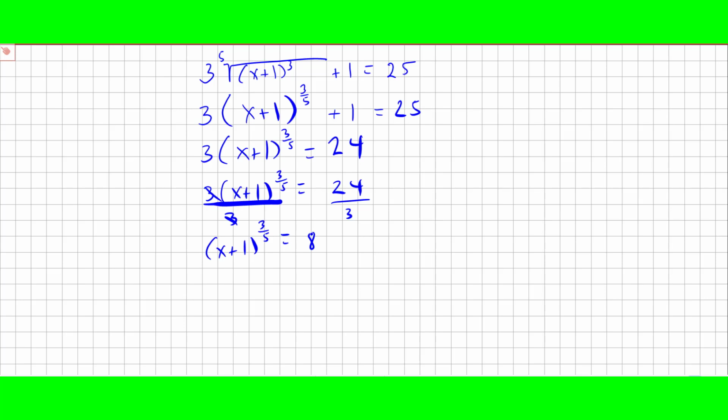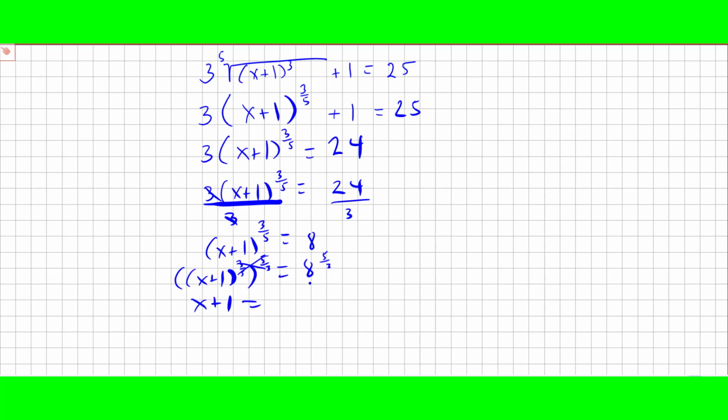Now let's raise each side to the reciprocal power, 5/3. So (x plus 1) to the 3/5, raised to the 5/3 power, equals 8 to the 5/3 power. Now we see where we're going: those exponents cancel out, leaving x plus 1.